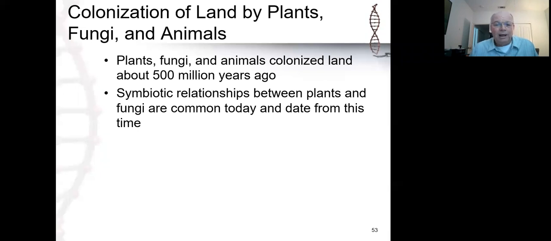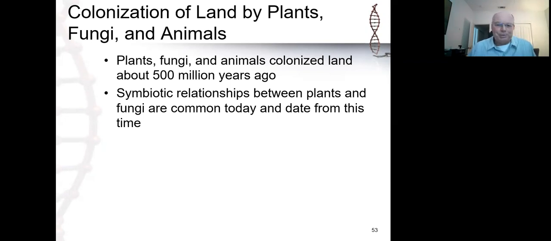And the reason why is because the early plants to colonize land, based on what we see in the plant kingdom today, probably were very poorly adapted to extract nutrients out of the soil and water out of the soil. They may have been able to extract carbon dioxide from the air, but they were not particularly well equipped to extract water and minerals from the soil.